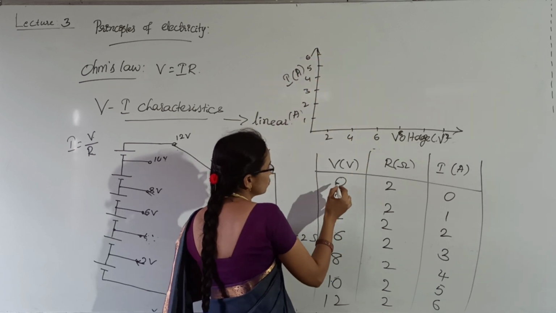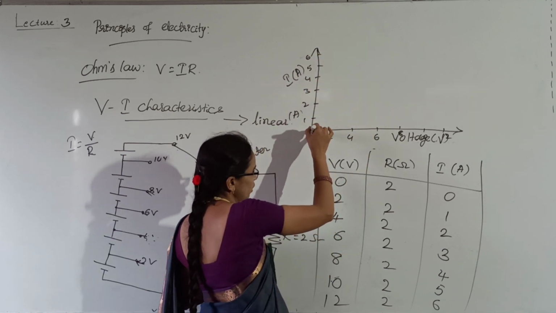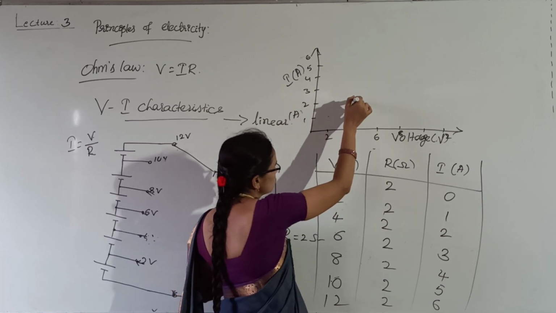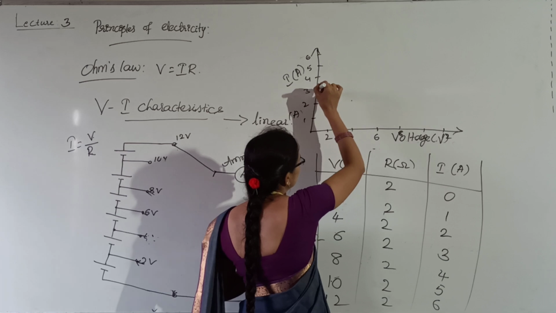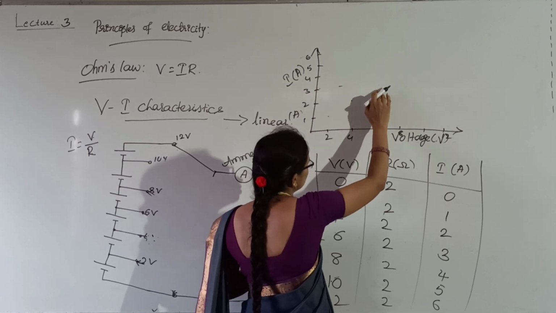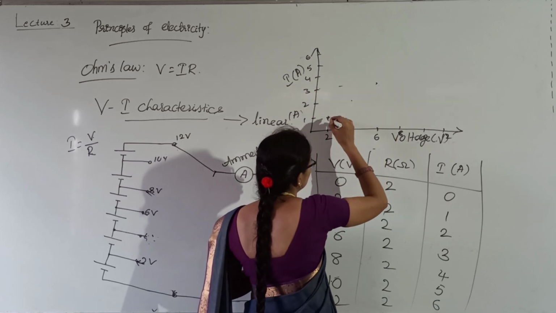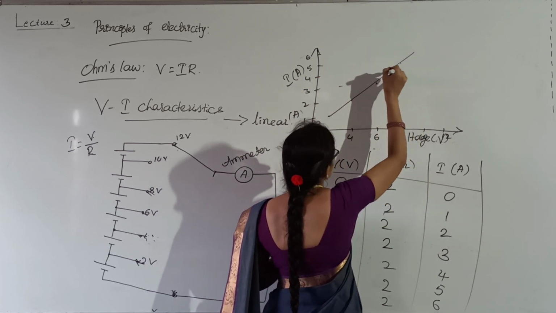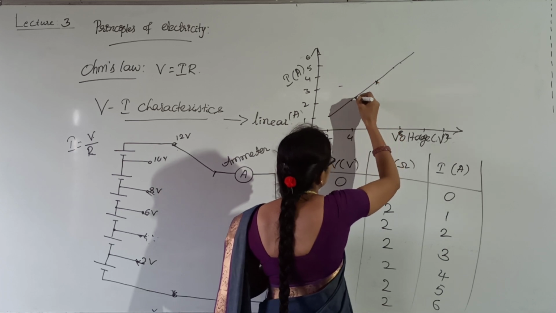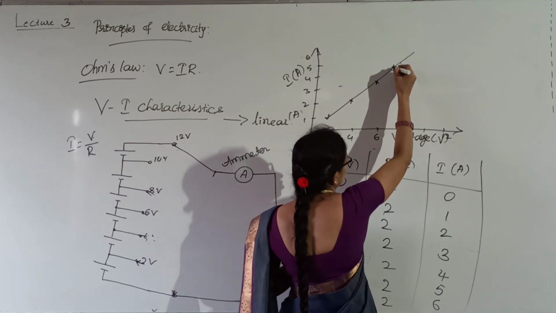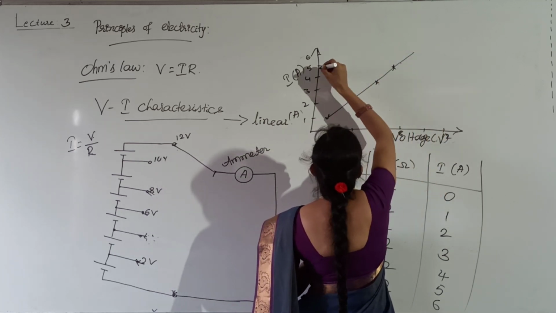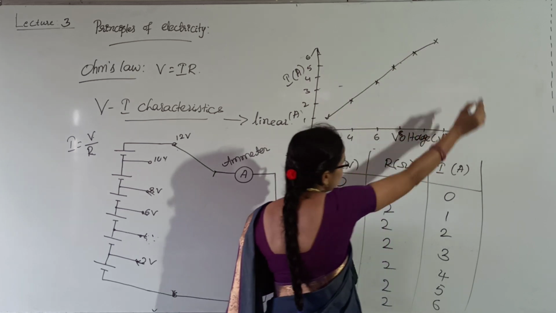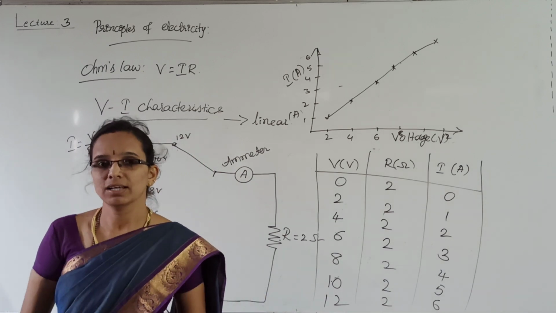So for 0 volt, 0 current; for 2 volt it is 1; for 4 volt it is 2; for 6 volt it is 3; for 8 volt it is 4; for 10 volt it is 5. So the graph is linear, a straight line.